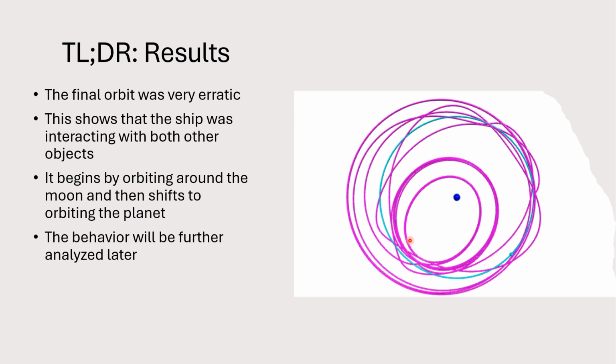But at the beginning, you see it starts about here, and it does go like this a little bit, and then it gets into an orbit in here, and then it gets shot out and orbits around here. So you can see that it's pretty erratic and is being influenced by both objects.